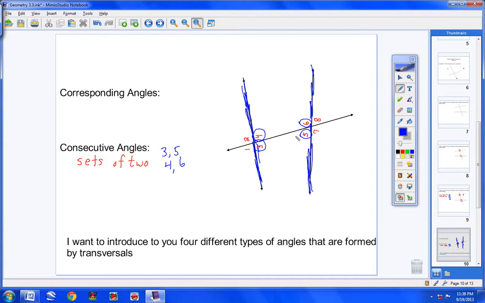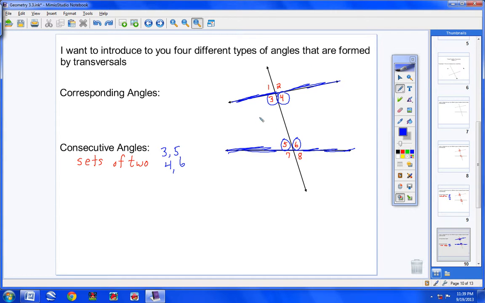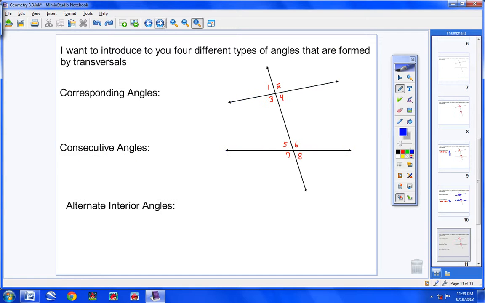And notice these four angles are still on the inside of those two lines. They're on the inside. All right, there we go. Now, anyways, these are consecutive interior angles. Please memorize this. I can't say that enough. I know you probably hate the class and all these terms and definitions and all that stuff. Guys, it's geometry. You have to know this.